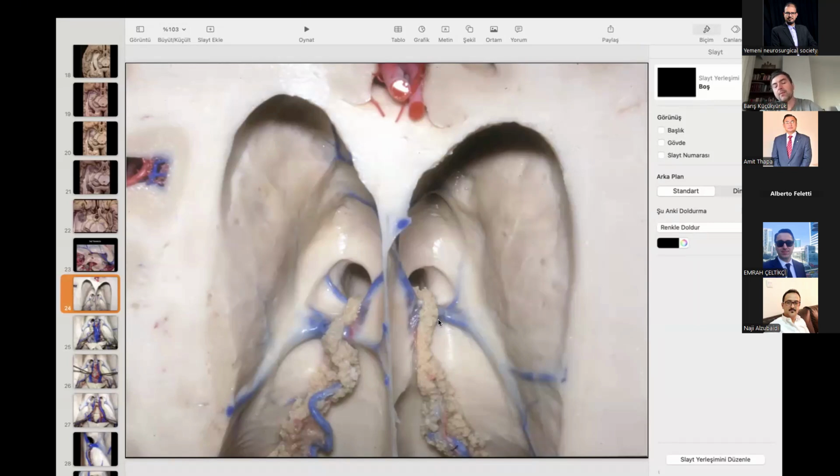So then there are two ways of going deeper. The first one is opening the choroidal fissure, which attaches the choroid plexus. We can open it from the forniceal side or from the thalamic side. Professor Rhoton always suggested opening it from the forniceal side because the venous drainage of the thalamus can join from this angle.